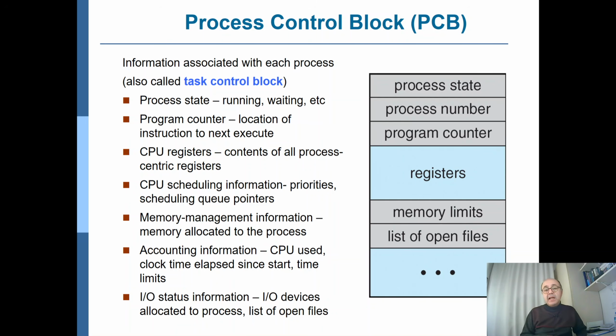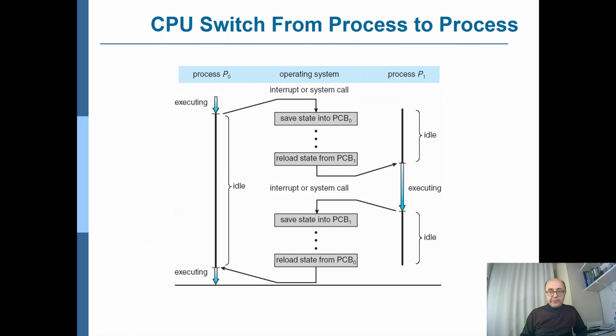In each file, at which position you're currently, so that we know where to read the next byte from. All that kind of information is stored in what we call the process control block. Now, this information, what you see in here, is for a single process. For each process, we have to store this information. Okay? So it's repeated for each process.